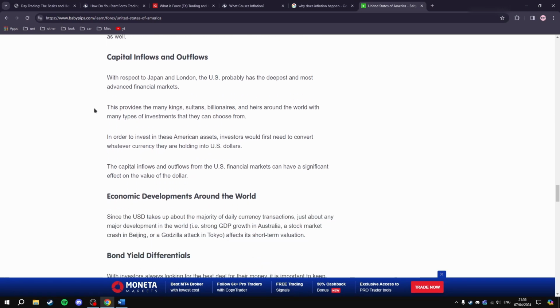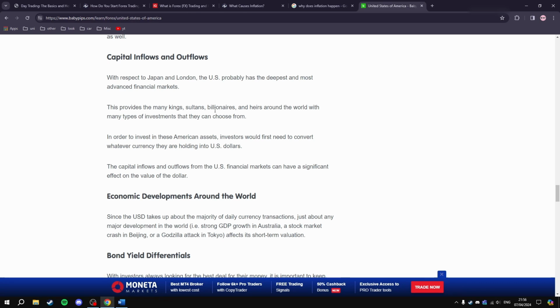Capital inflows and outflows. With respect to Japan and London, the US probably has the deepest and most advanced financial markets. This provides the many kings, sultans, billionaires and heirs around the world with many types of investments that they can choose from. In order to invest in these American assets, investors will first need to convert whatever currency they are holding into US dollars.